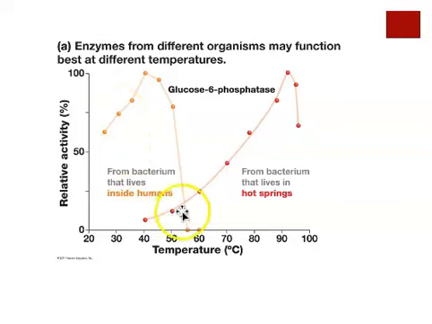Now look over here at the red line. This line represents the activity of a glucose 6-phosphatase enzyme that was taken out of a bacterial cell that happens to live in hot springs out in the environment. So this bacterium has evolved so that its enzymes function at 100% at a much higher temperature, more like 90 degrees centigrade.